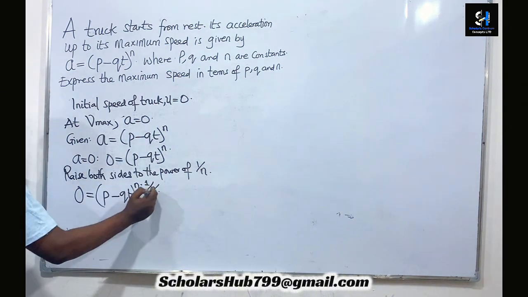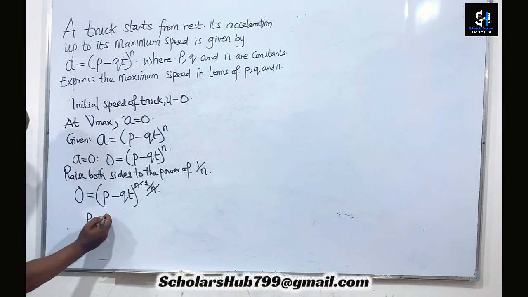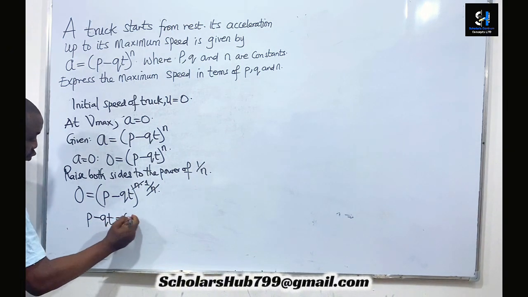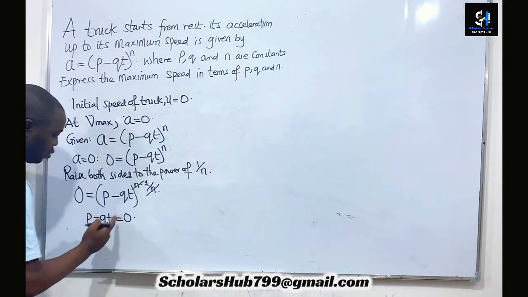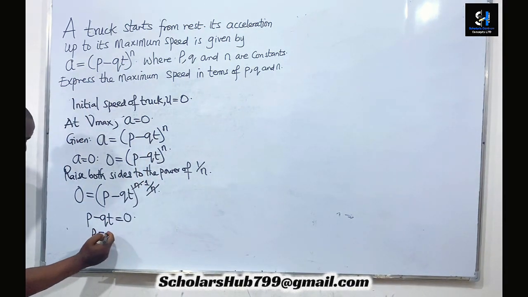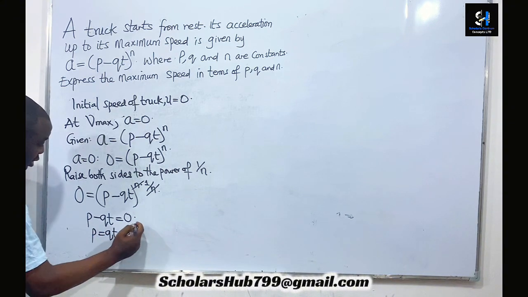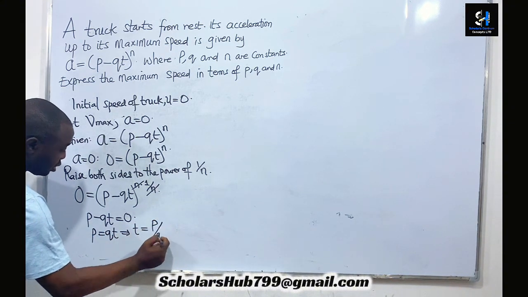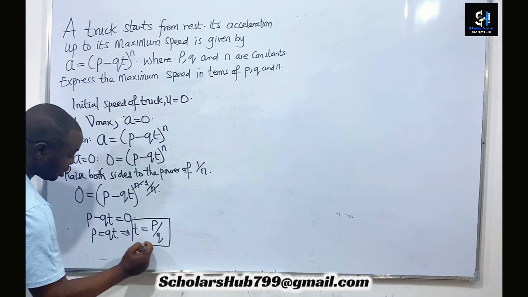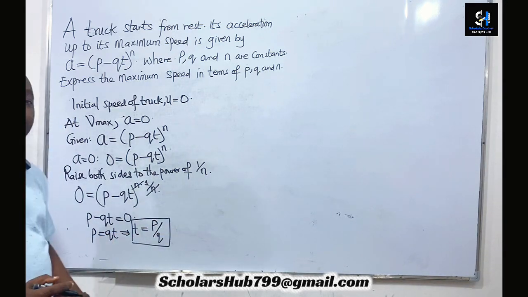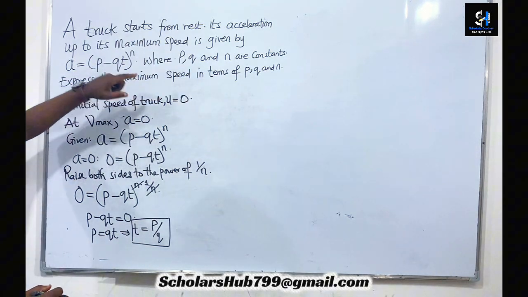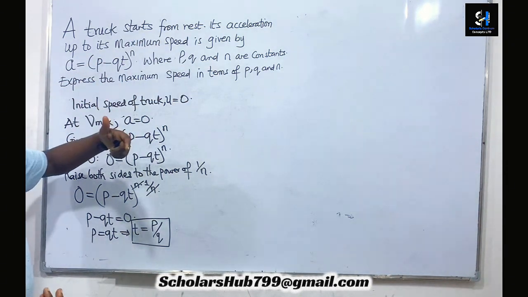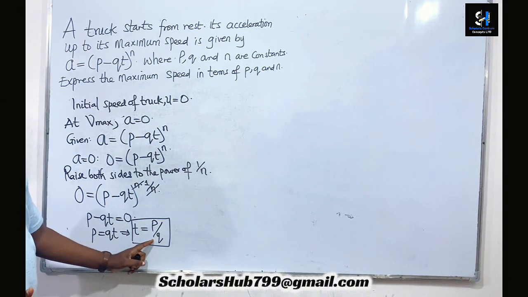So this will be P minus Qt equals 0, because n multiplied by 1 over n is 1. So P equals Qt, then t equals P over Q. So the time duration from rest up to the maximum speed of the truck is t equals P over Q.